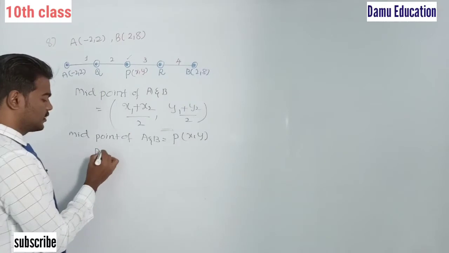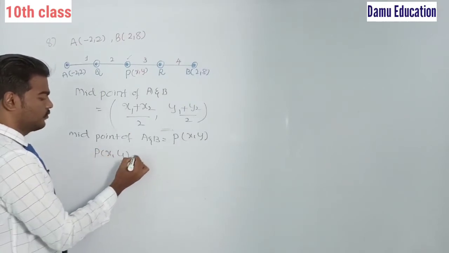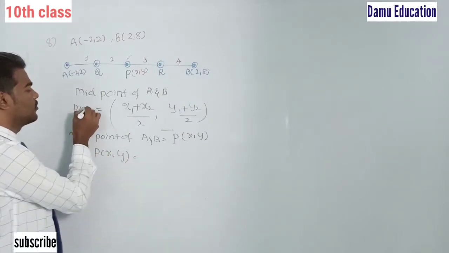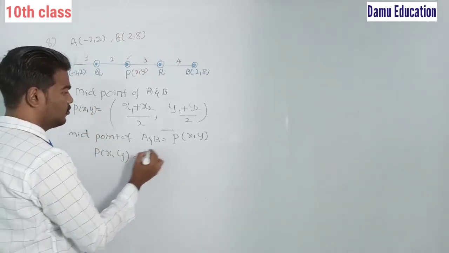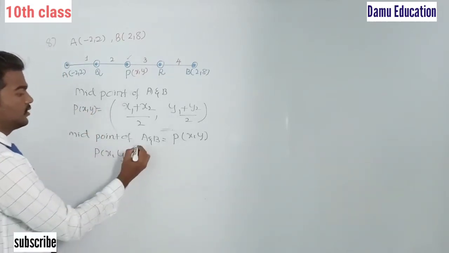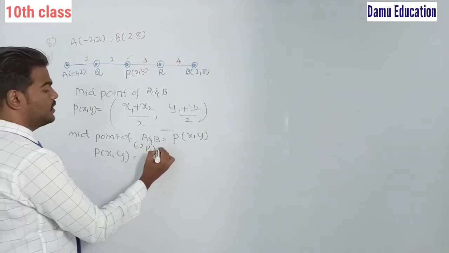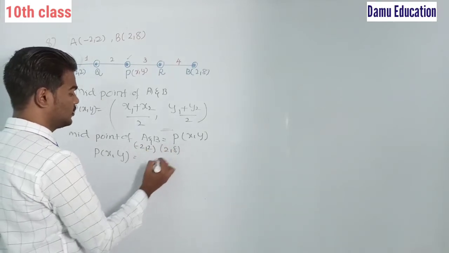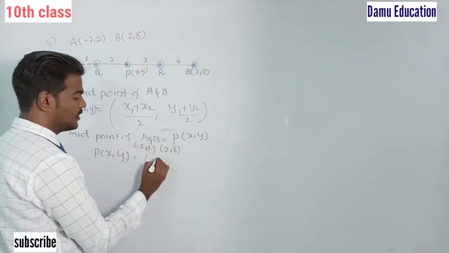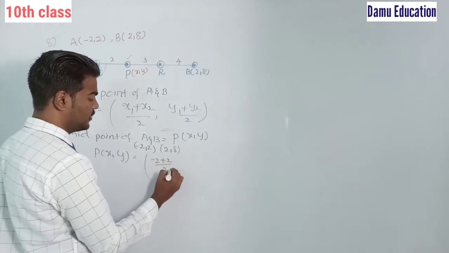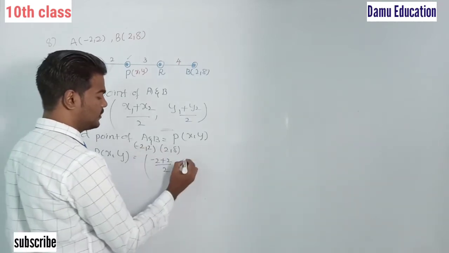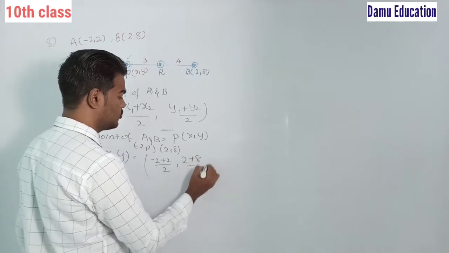So here P of x comma y is any point. What is the A coordinate? Minus 2 comma 2, and B is 2 comma 8. So x1 plus x2, minus 2 plus 2 whole divided by 2, and y1 plus y2, 2 plus 8 by 2.